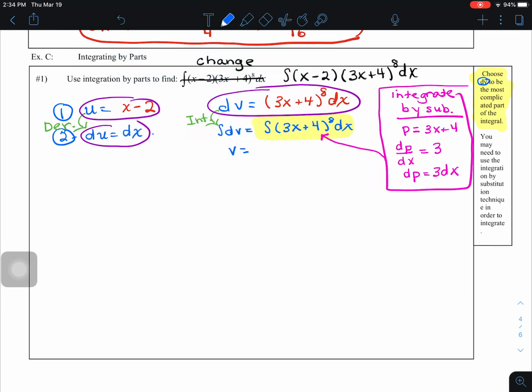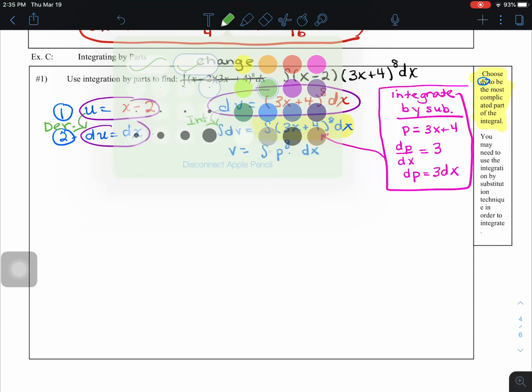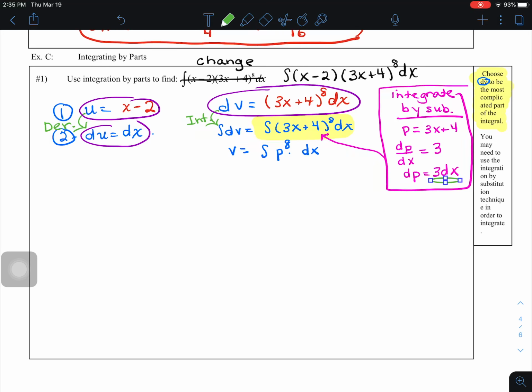So I'm going to swap out this 3x plus 4 right here for a p. I'm going to put a p there, to the 8th power, and I have this dx right after it. Now remember, I need this to be a dp. So I have to look over here and say, what is dp equal to? Well, dp is equal to 3dx. But if I look at what I have here, I don't have a 3 in there.